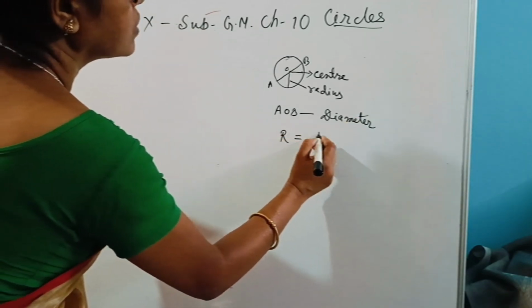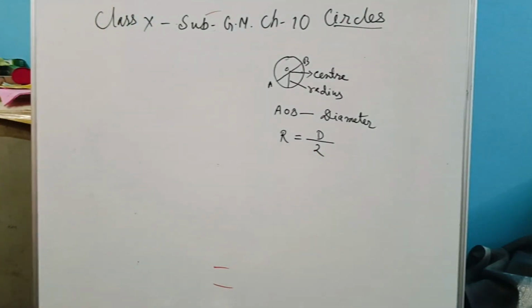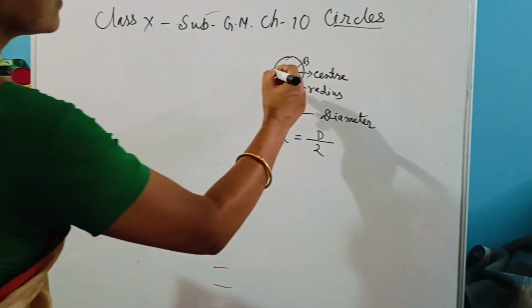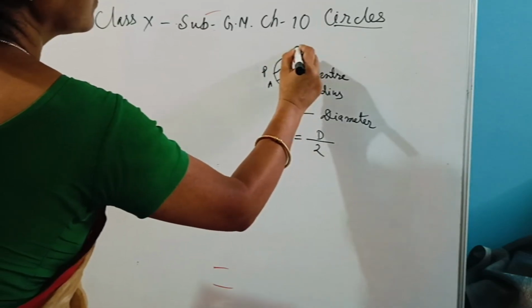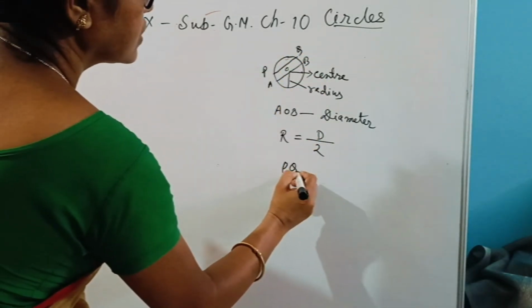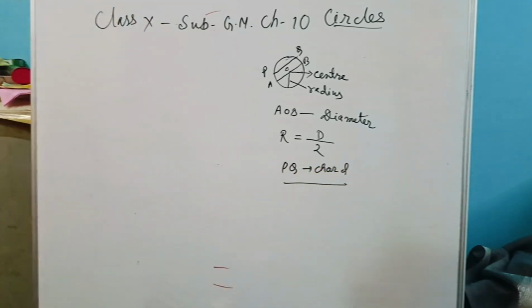R is equal to D by 2. This is the relation between radius and diameter. And this is known as a chord. Suppose PQ. PQ is a chord. Okay. These are the main parts of the circle.